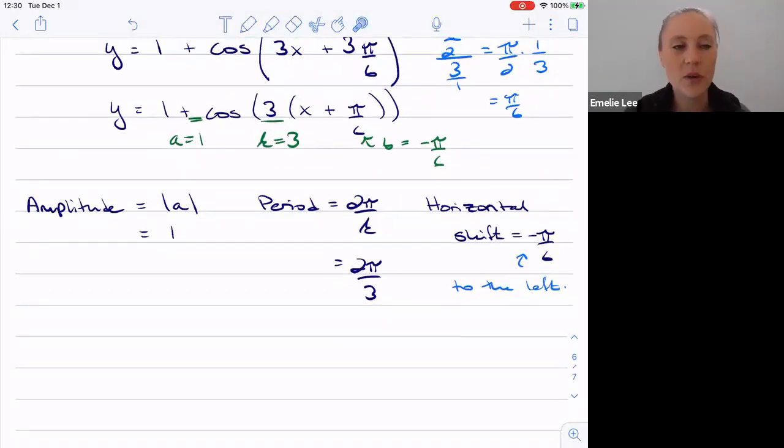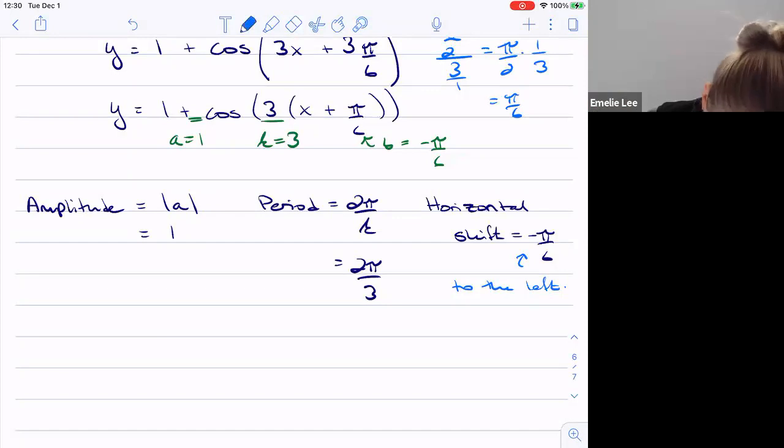So there are a few things that we know. We know cosine starts at 0, 1, right? So it starts up here at 1. But now I'm shifting over negative pi over 6, so I'm shifting over into the negative x's pi over 6. And then I'm moving this whole thing up 1.